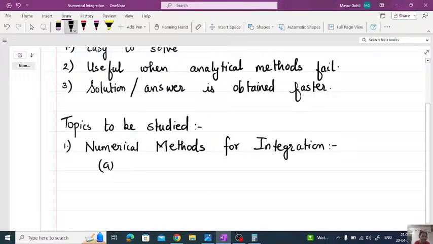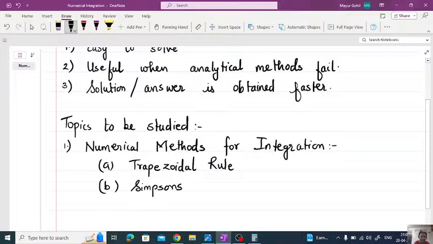The first one is trapezoidal rule. Okay. The next one is Simpson's 1/3 rule, yeah, 1/3 rule.